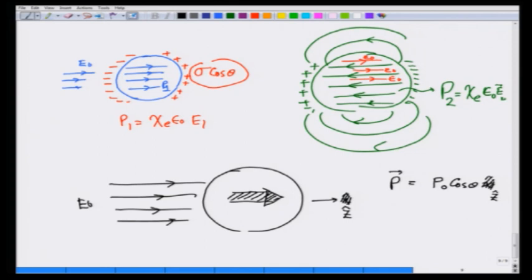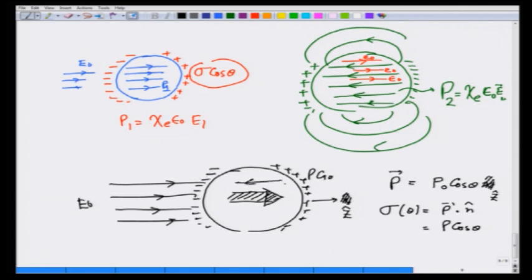Now, you can see that this will give rise to sigma bound equal to P dot n, which is nothing but P cosine theta. So, now I have this positive charge on this side, which is P cos theta, and a corresponding negative charge on the other side, and this gives rise to a field inside. This is all net.